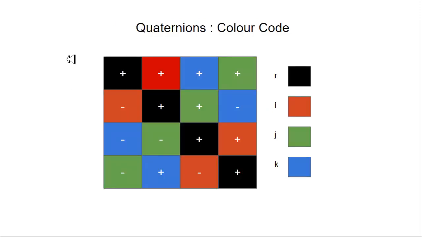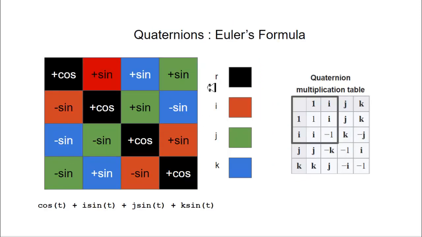Then we expanded the white, the imaginary component of the complex number, to have three components, which we called red, green, and blue. We placed the red, green, and blue into the 4x4 matrix to create a quaternion, which can be used to create a transformation matrix to rotate a point in three-dimensional space.